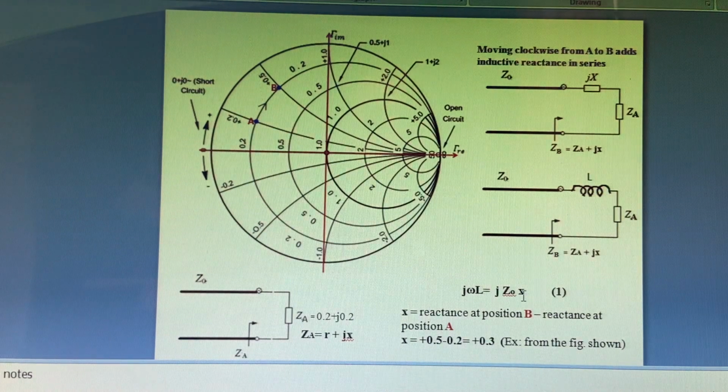To get the value of X, you take the reactance at position B, the final position where we moved, and subtract the value of reactance from which we started moving, at A. We will then get the value of X. You can get the component value L using this equation. Here omega is 2 pi f, associated with the operating frequency.